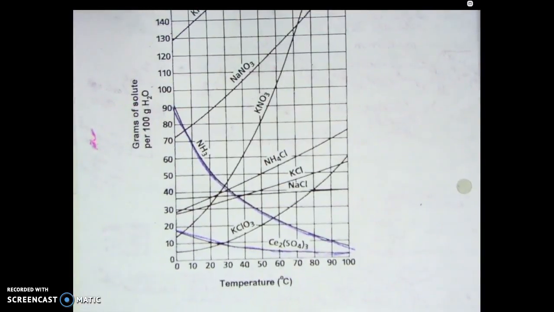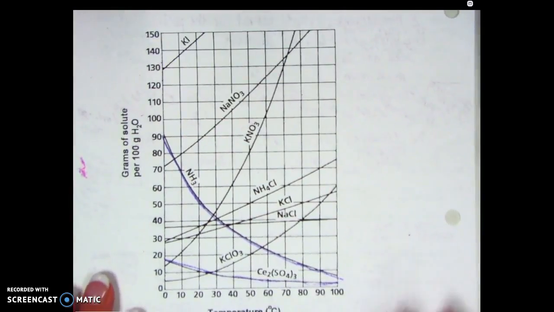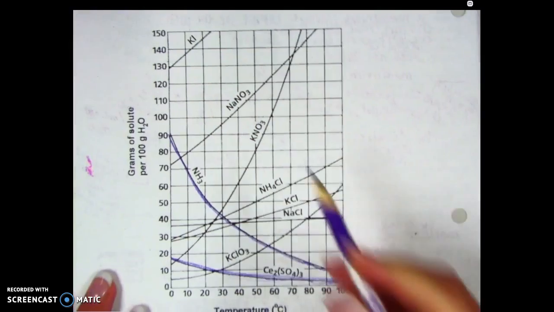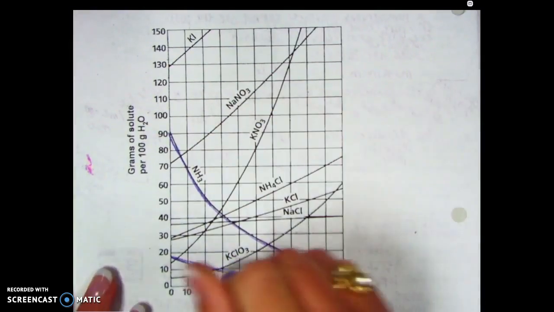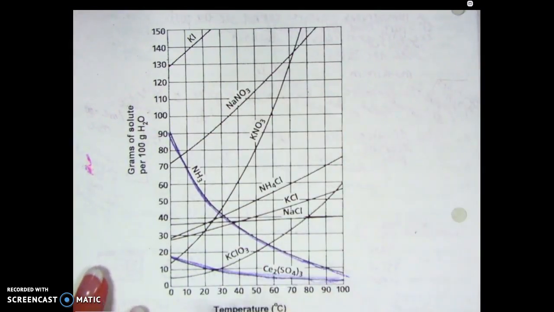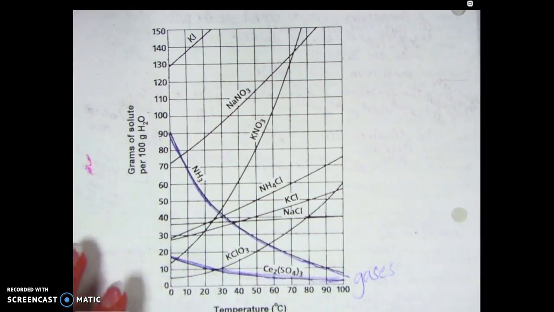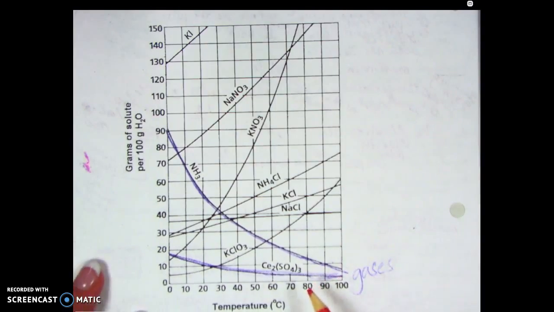So on the back, this is our solubility graph. We have two lines, two different compounds that decrease as temperature increases, and that's because these guys are gases. Just think about your Cokes. You put your Cokes in the refrigerator to keep them cool, to keep that gas in the syrup that you use to make your Cokes.